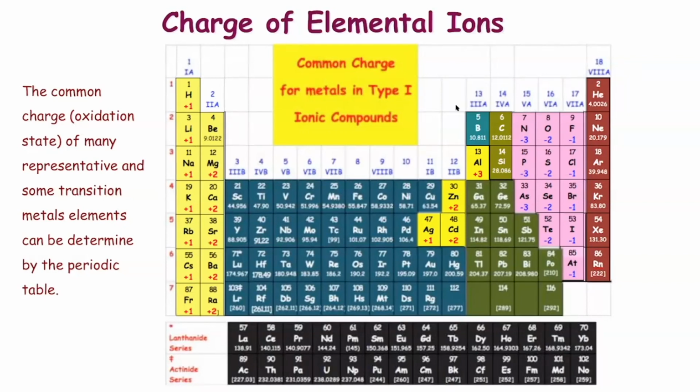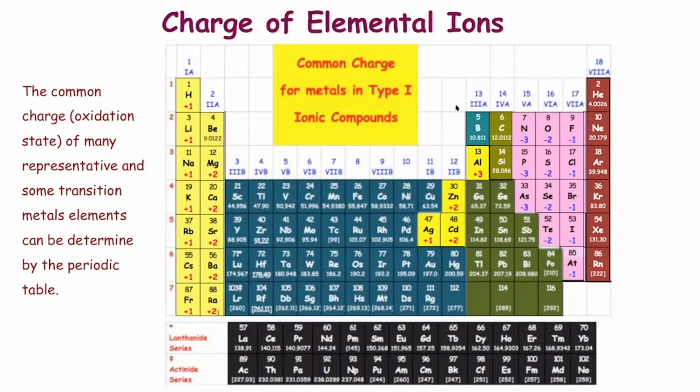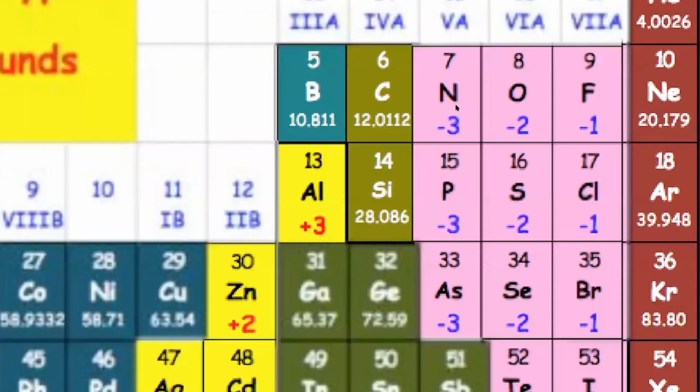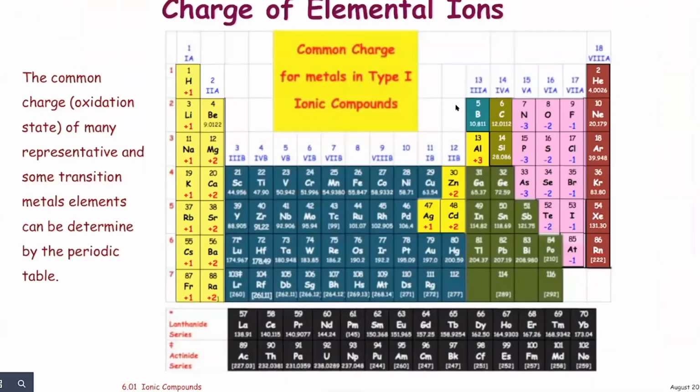The 1A, hydrogen, lithium, sodium, have 1 electron to give up. Beryllium, magnesium, calcium have 2 electrons to give up. Aluminum has 3 electrons to give up. Zinc has 2, as well as cadmium, and silver has 1. Okay, so the ones in yellow are the elements in which you know exactly how many electrons they're going to give up.